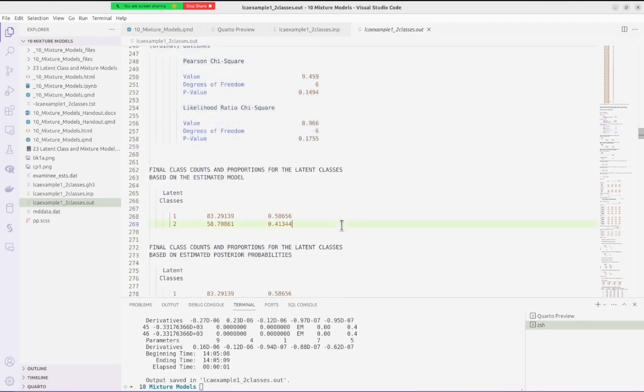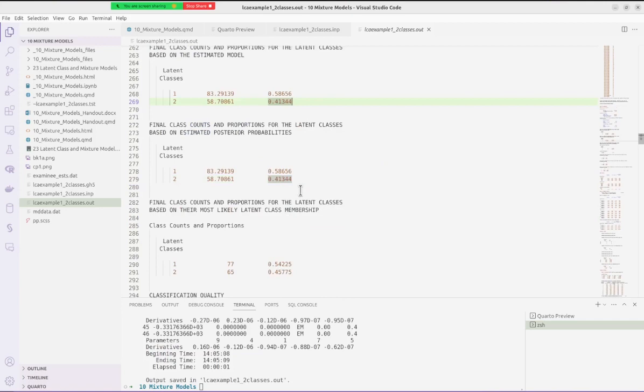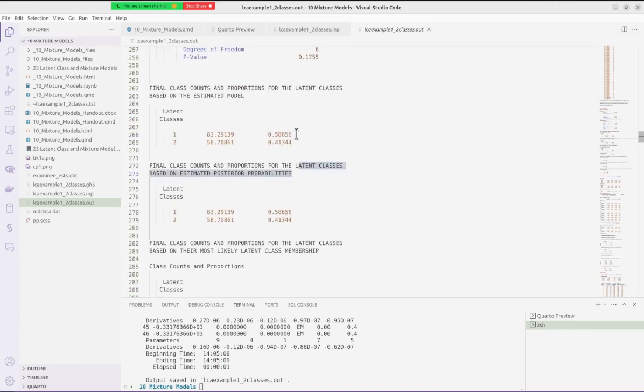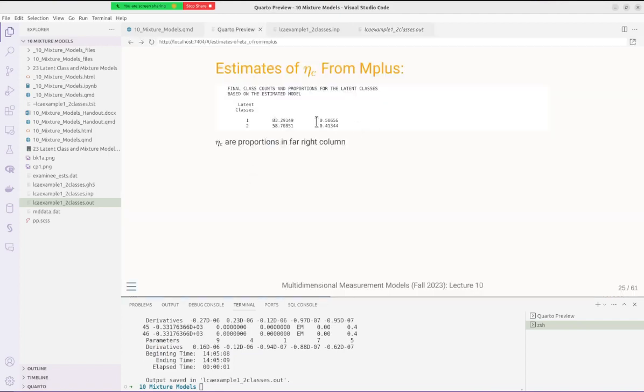Finally, we get into our model parameters. And this is weird because you'll see 3 probabilities here, right? The one to worry about the most is this one. Final class counts and proportions for the latent classes based on the estimated model. This is the model parameter that I described as being our eta parameter.